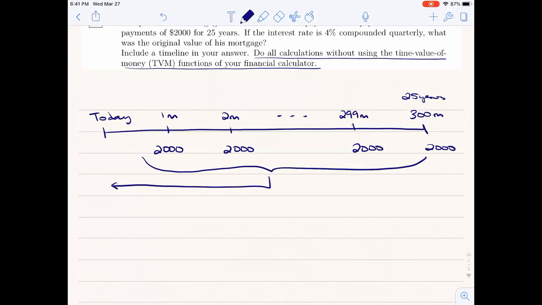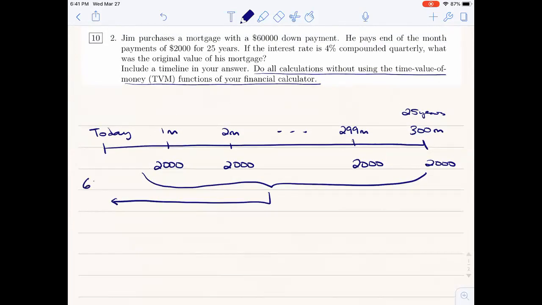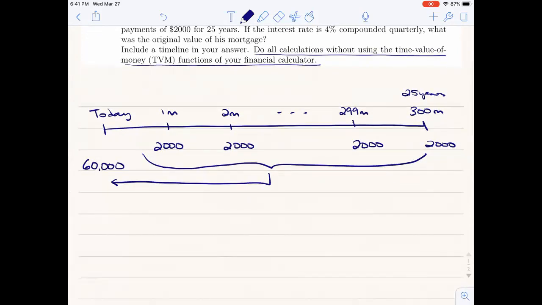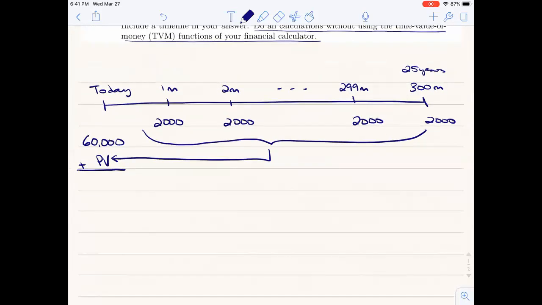We had a $60,000 down payment, and then these $2,000 payments for 300 months will funnel back to some present value. If I add those up, I'll have the total value of the home.